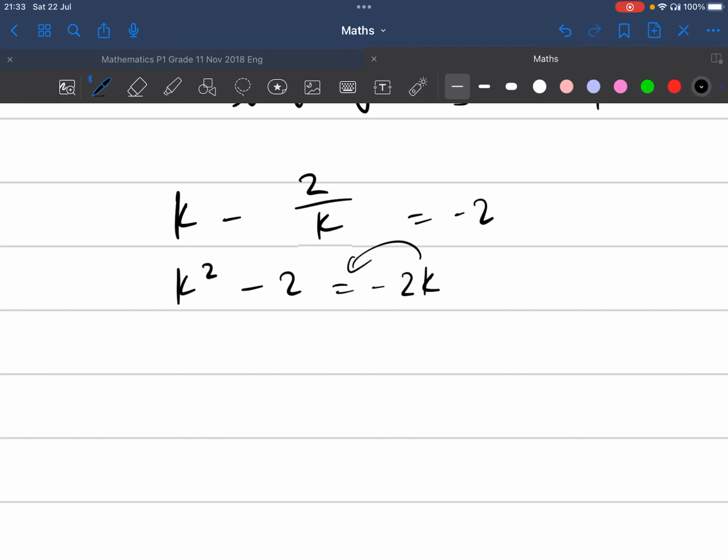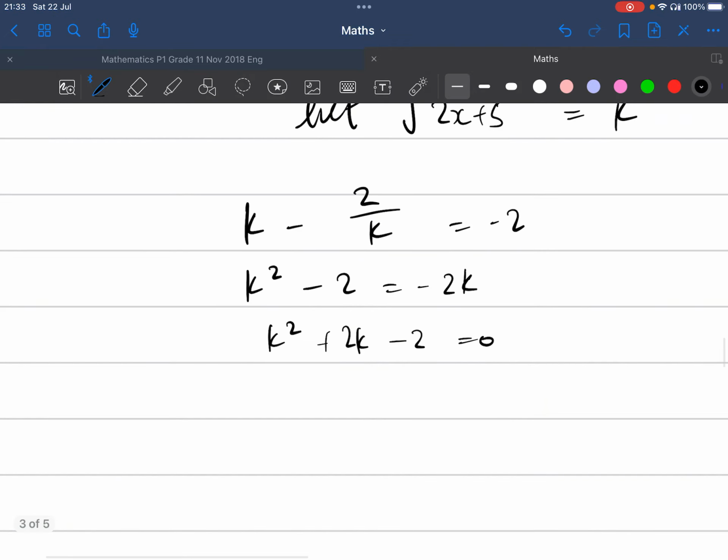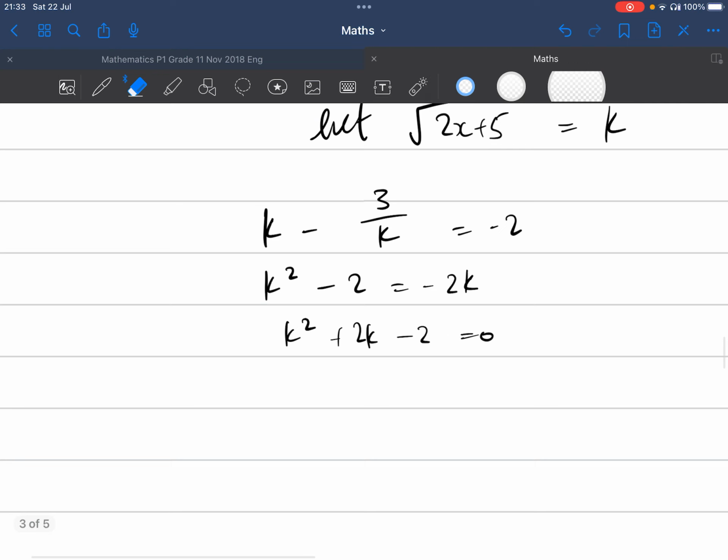Let's bring this to that side. K squared plus 2k minus 3 equals 0. Oh, I realized this is supposed to be 3, sorry. So this will become 3, and this will become 3 as well.